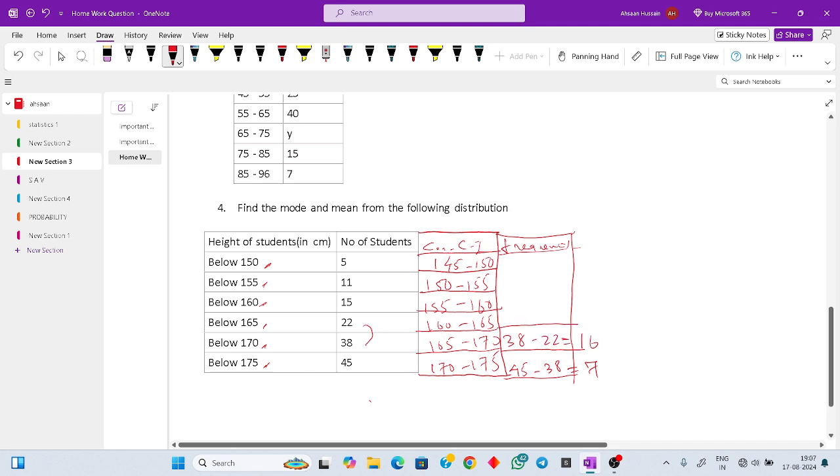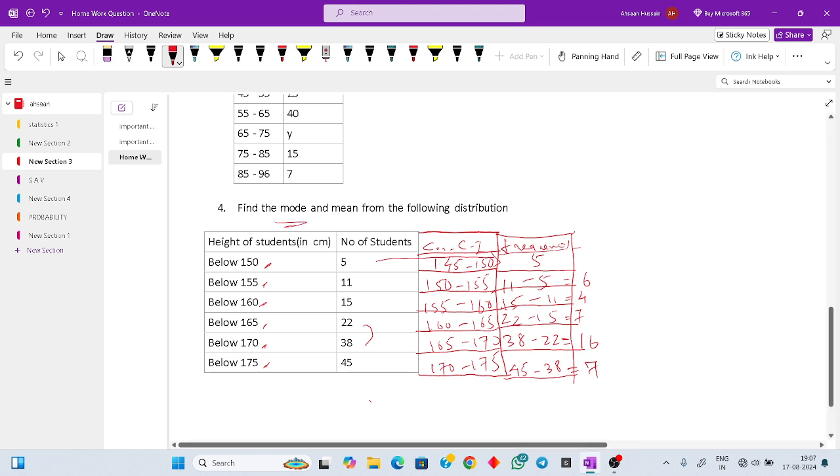Then 22 minus 15 will give 7. Then 15 minus 11 will give 4. Then 11 minus 5 will give 6. And this one we have to write as it is, 5. So these are our frequencies.